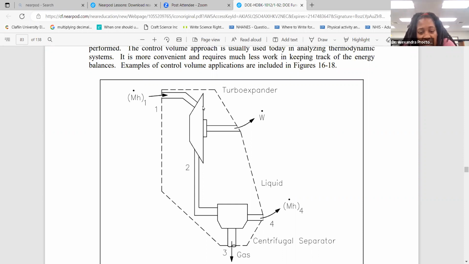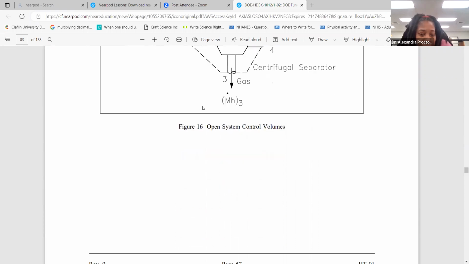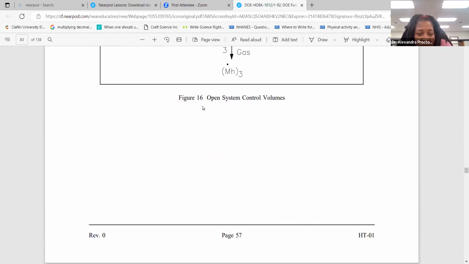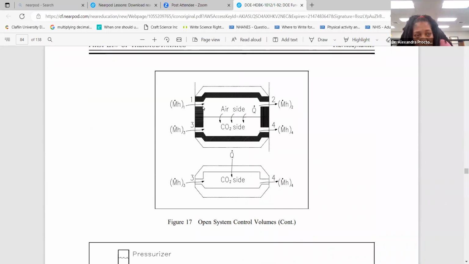It also flows out of the system, and you also have gas that flows out of the system. You're basically tracking what happens to a liquid inside this particular centrifugal separator. Like I said, they like to use the open system because it's just easier to handle when you start talking about the math.